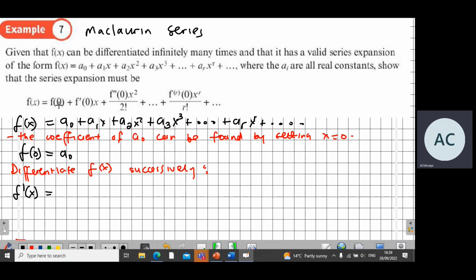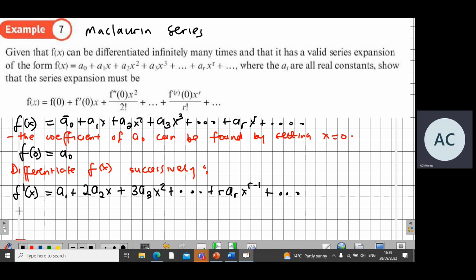So if we differentiate this part, this is a constant, it becomes 0. But this is x, so it becomes a1. And this becomes 2a2x, and this becomes 3a3x squared. We can keep going, and this becomes r ar x to the power of r minus 1, like that.